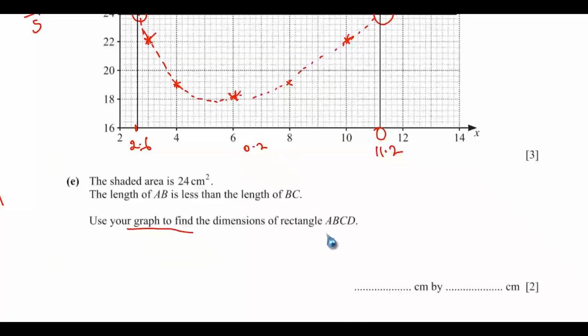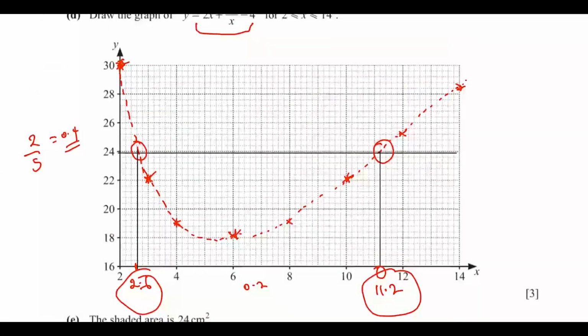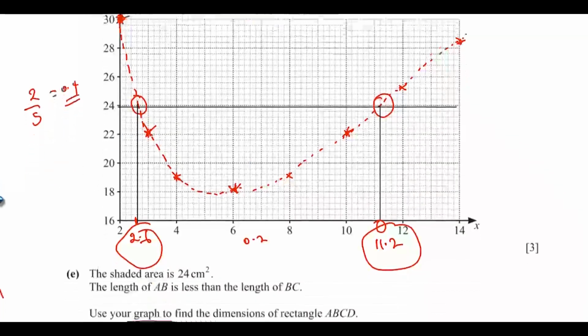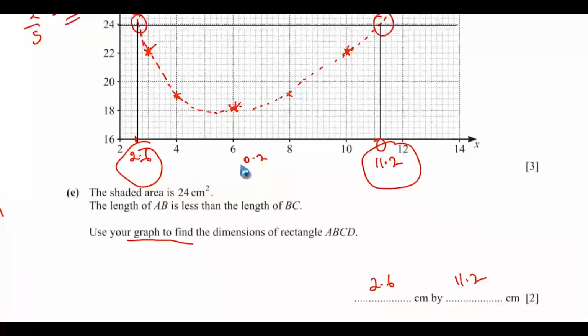So we can write the dimensions to be 2.6 by 11.2. So this will be the dimension, 2.6 by 11.2. Don't forget that the curve is not that smooth because I only sketched it, so it may affect the result a little bit, but nevertheless what you should get should be very close to this.